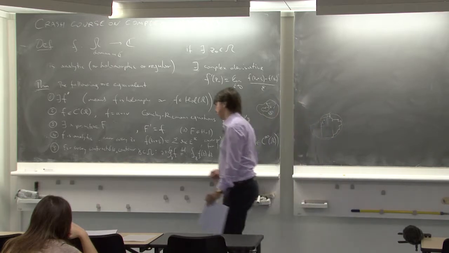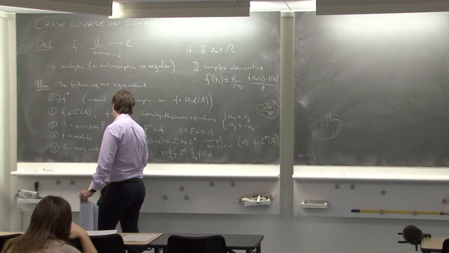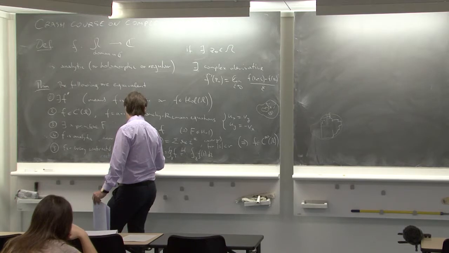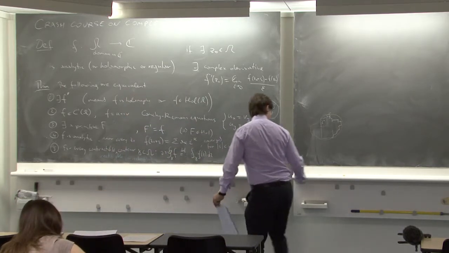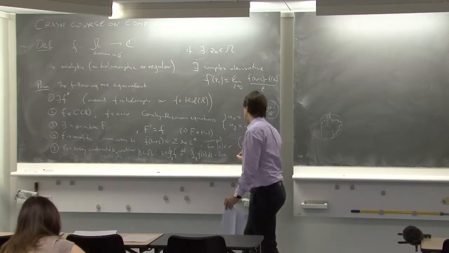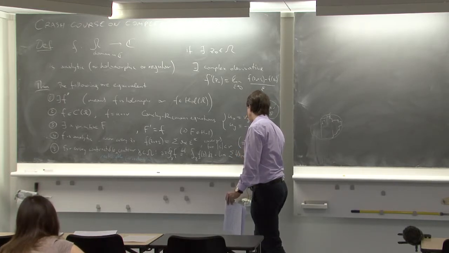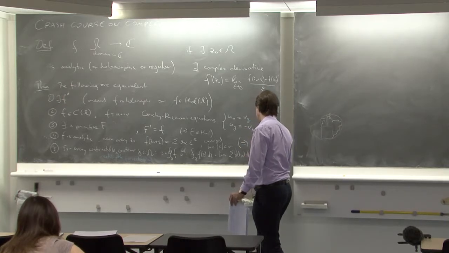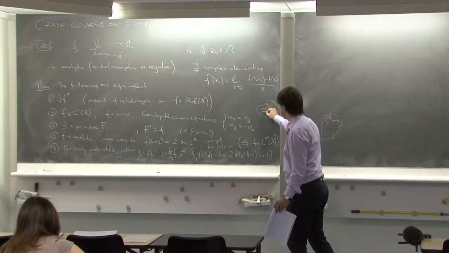So maybe here, for every rectifiable or rectangular contour, it doesn't matter. This is just a Riemann integral, the limit of the sum of f of zj plus 1 minus f of zj times zj plus 1 minus zj, where you partition this contour into small pieces.